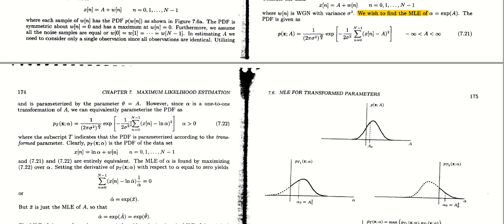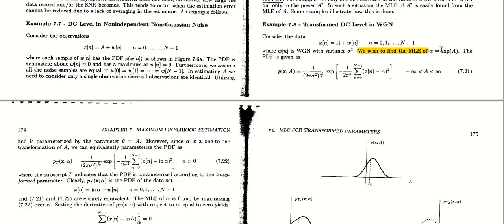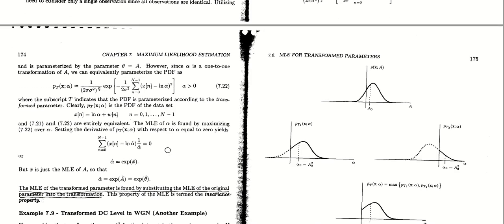So if you want to say it's this one, what have we done here? Be careful, let's take a look at this. You take a natural log here, you get A equal to ln alpha. Then you put ln alpha into this position, you get ln alpha here. Okay?